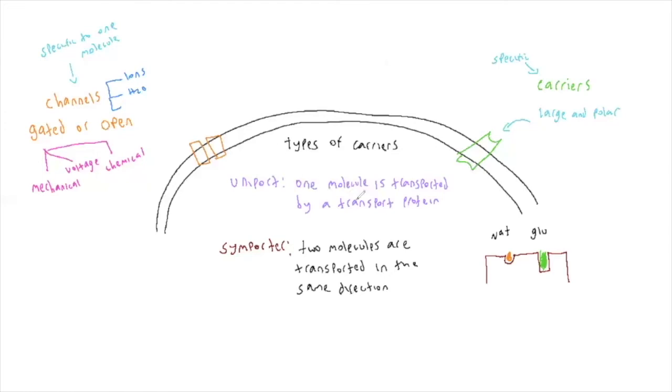So what happens in the case of a sodium glucose symporter is that sodium is going to move down its concentration gradient, meaning it's going from a high to low concentration, and it's going to take something larger like glucose, and it's going to pull it along with it using a type of gradient called an electrochemical gradient. We'll talk about that later on in this chapter, but basically what happens is that sodium is positively charged and glucose is negatively charged.